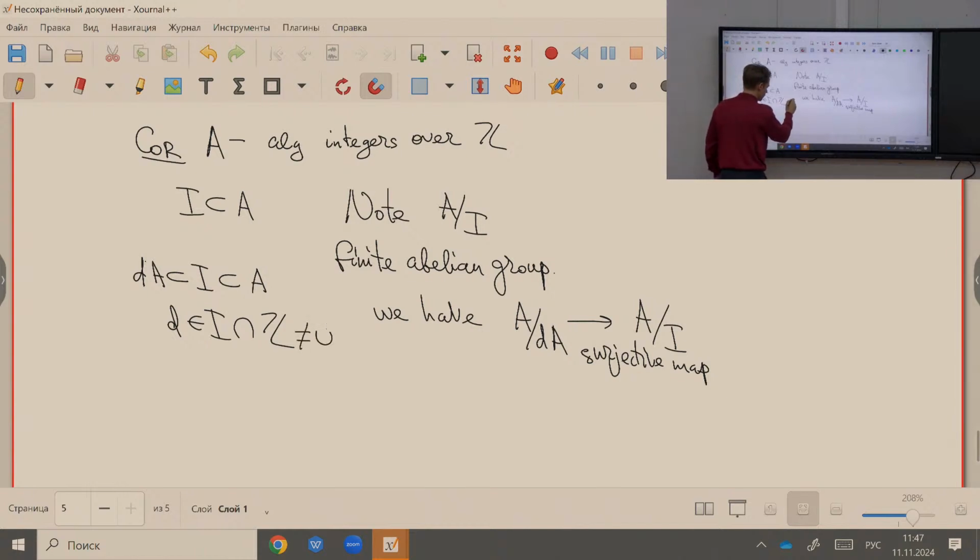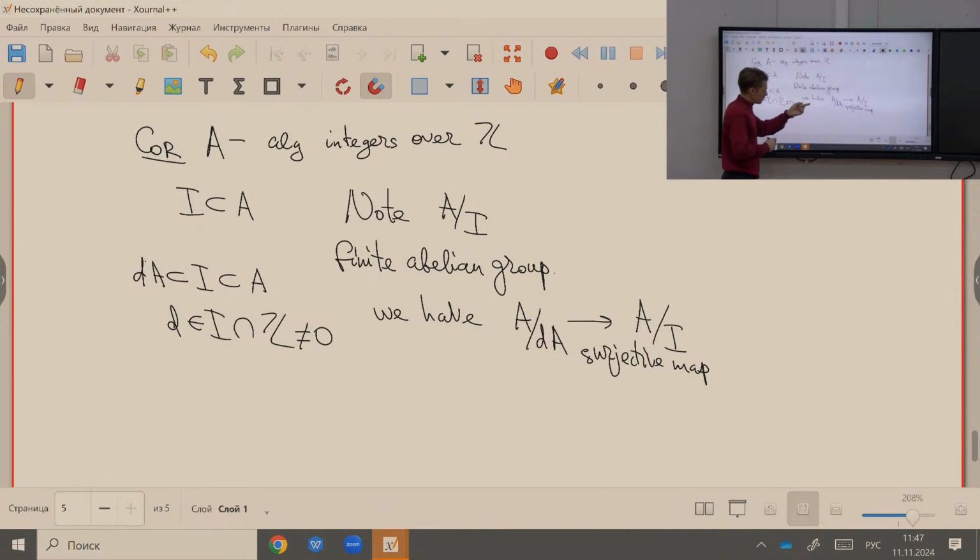We have proved that this is not zero by taking any integer element from I and taking the last coefficient of its integer equation. Yeah?